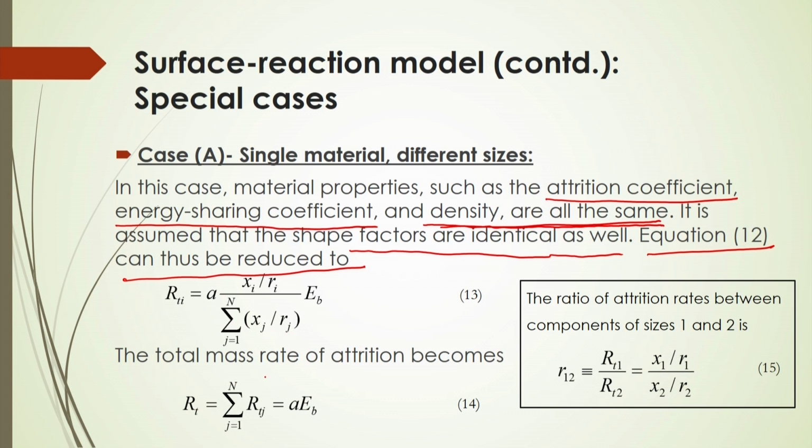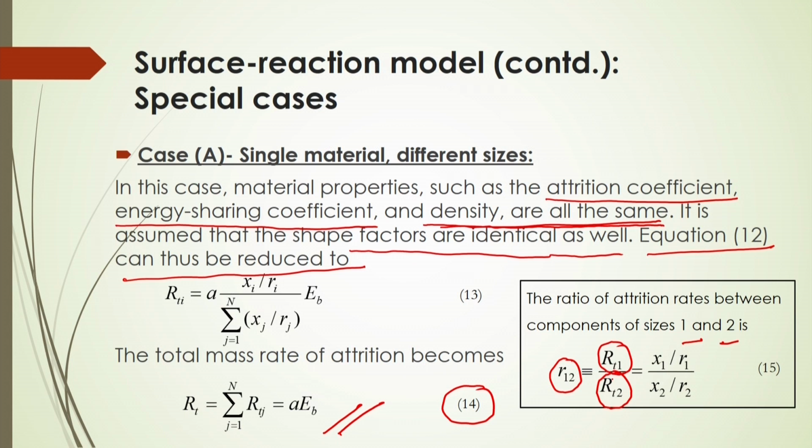Now, the total mass rate of attrition then becomes simply A into the total energy for effective breaking of that particle, and this is represented by equation 14. The ratio of attrition rates between components of size 1 and 2, R12, is the mass rate of attrition of component 1 to the mass rate of attrition of component 2.